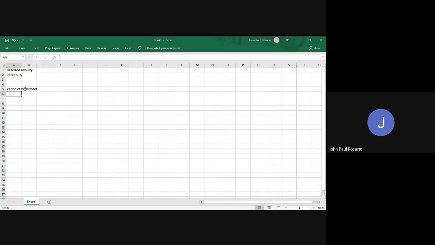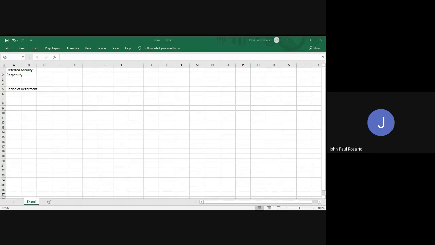Now, can somebody chat sa atong chat box kung unsa ang formula for deferred annuity?